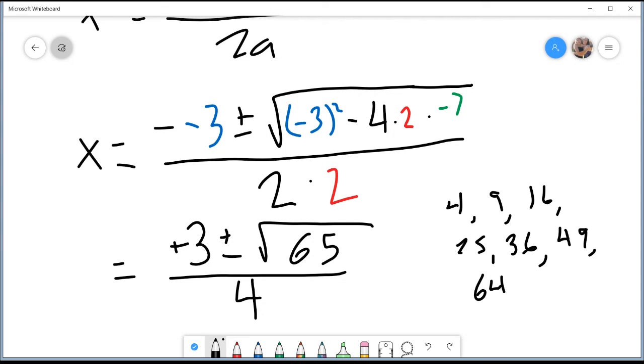And if we look at 65, 65 is not divisible by any of those numbers. So it is already in the simplest form possible.